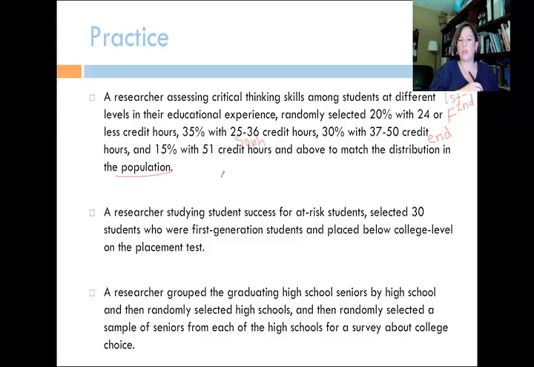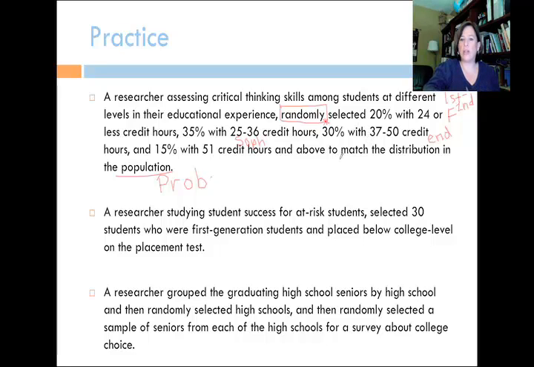What kind of sampling method would you say this is? Well, first of all, one hint here is it says that the researcher randomly selected. So we definitely have a probability sampling method. Anytime you see that some random selection was part of the procedure, you have a probability sampling method.